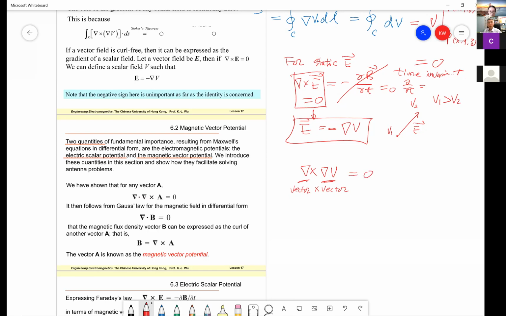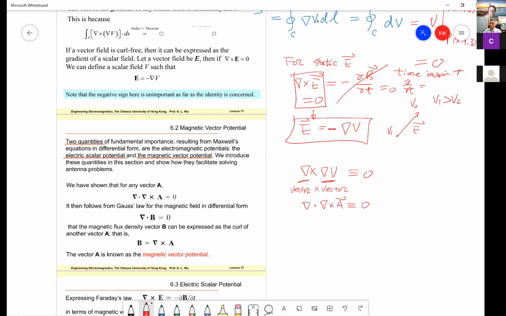This is one useful vector identity we are going to use. And another useful vector identity is that the divergence of a curl of a vector also constantly equals 0. Now we have these two vector identities we are going to use.